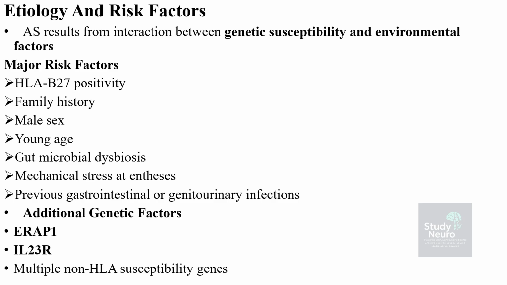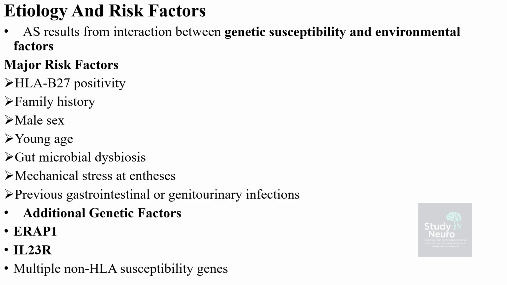Risk is also higher in those with a family history, particularly in young men, while factors such as changes in gut bacteria, repeated mechanical stress at the enthesis, and previous gastrointestinal or genitourinary infections may contribute to disease development. These factors can interact in complex ways.